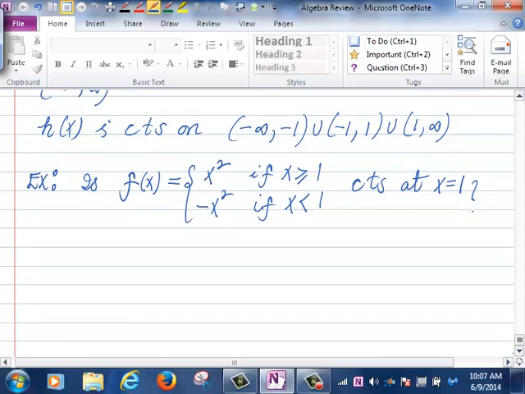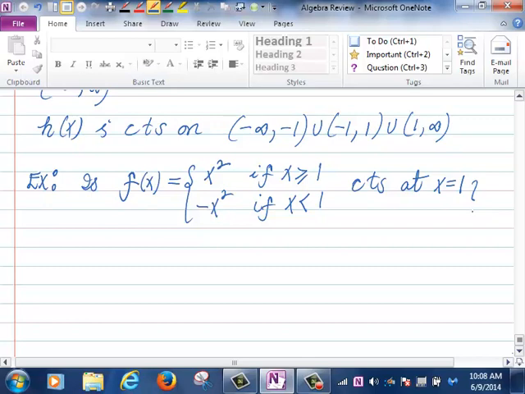Now notice that the function is a piecewise defined function. Now when x is strictly less than 1, is this function continuous for any x less than 1? Well, when x is less than 1, the function is given by this parabola, so the function is continuous.